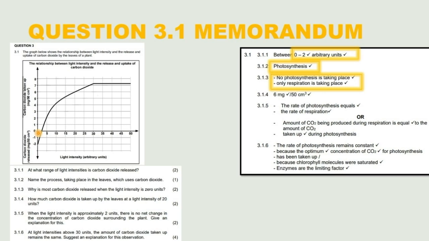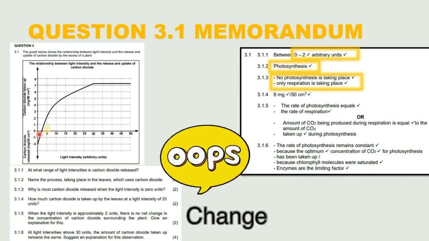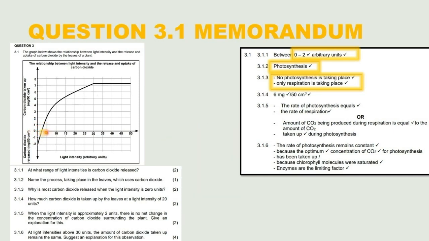The reason for this is that the rate of photosynthesis is equal to the rate of cellular respiration. So that is why it will seem at this point that there is no net change of the surrounding carbon dioxide levels. At a light intensity of 2, the rate of photosynthesis and respiration is equal.